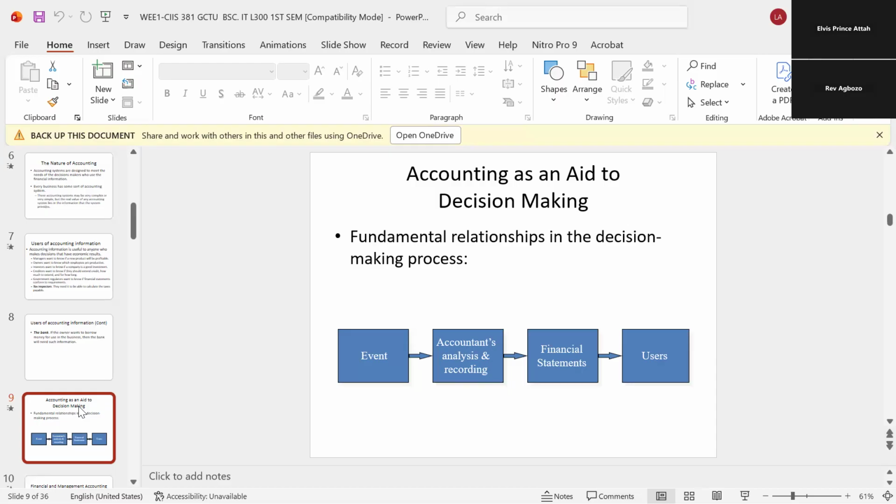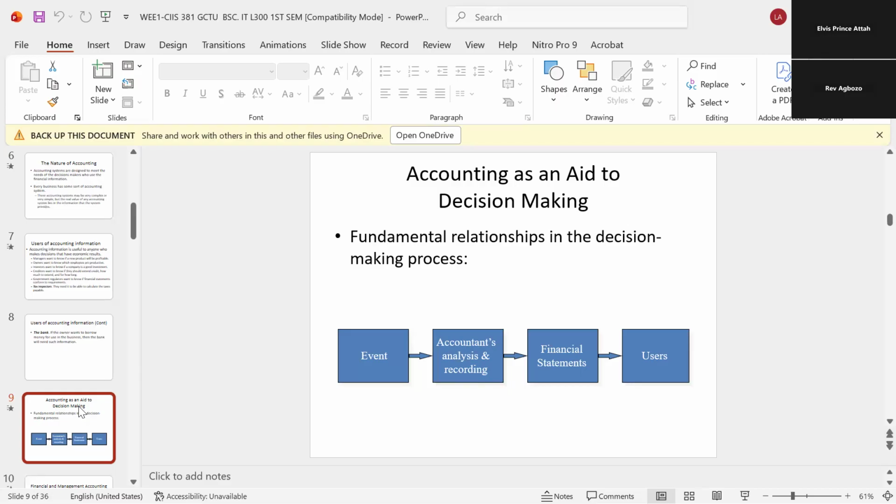Now, when we talk about financial statement, there are a group of statements that are brought together to make meaning for a business's financial operation. So financial statement is made up of income statement or statement of profit and loss, or you can also call it statement of financial performance.